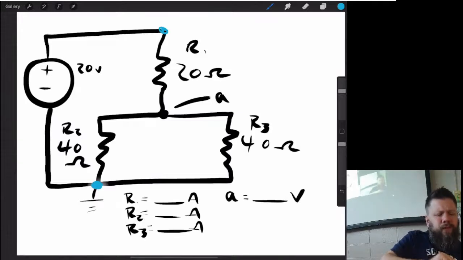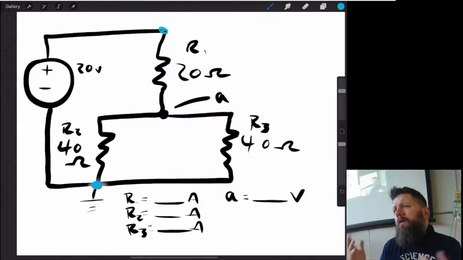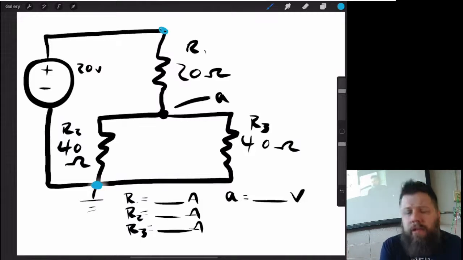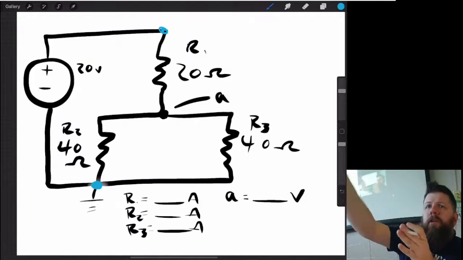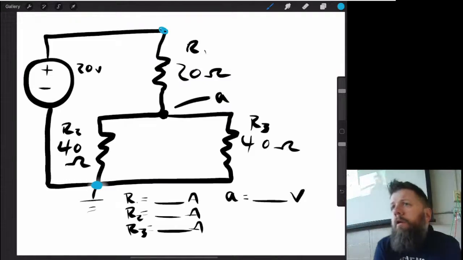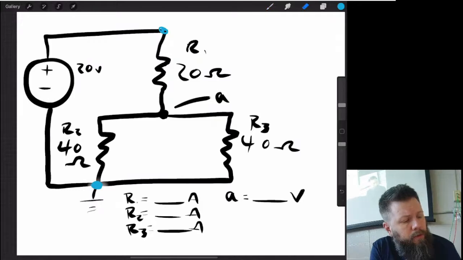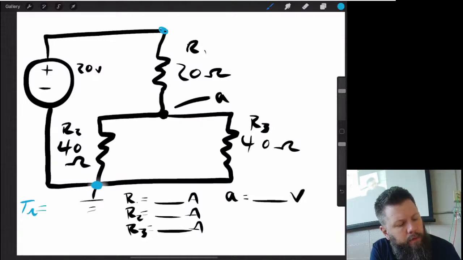So those two resistors in parallel are going to equal 20 ohms together, and then that network in series with the 20 ohm resistor, so it'll give us 40 total ohms. So that's our total amperage. I didn't even ask for that, but let's say our total current was 0.5 amps.